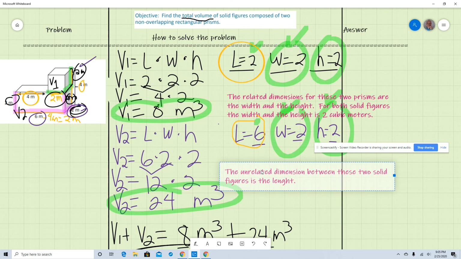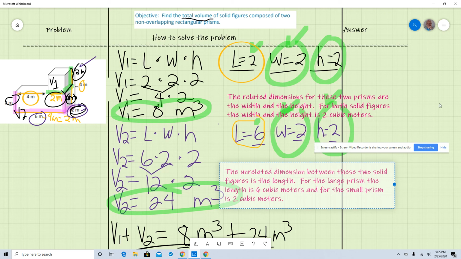For the large prism, the length is, we said, 6 cubic meters, and for the small prism it is 2 cubic meters.